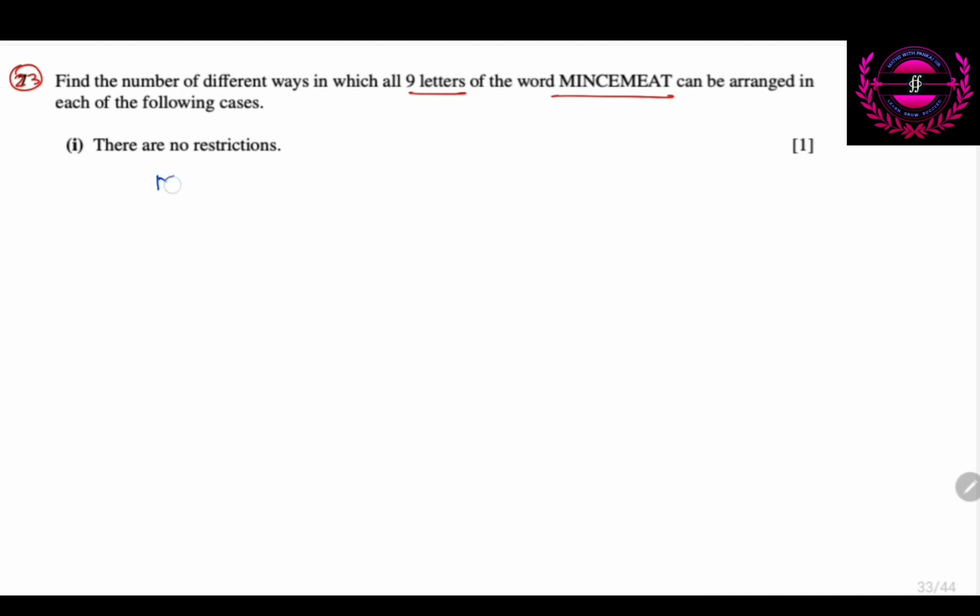See, there are 2 M's and there are 2 E's, and I, N, C, A, T. So this becomes 2 M, 2 E, and 5 remaining different letters.